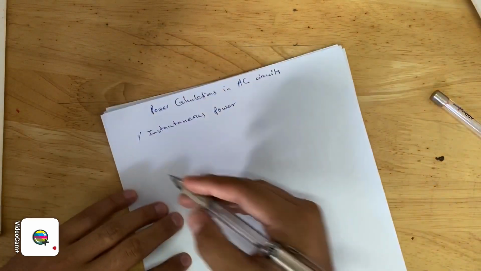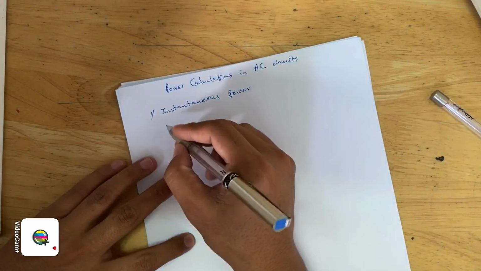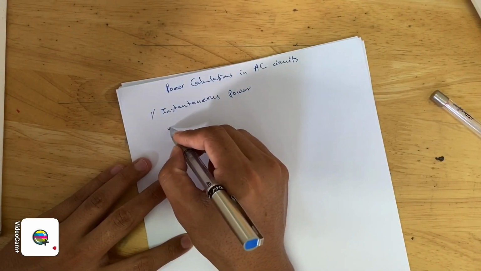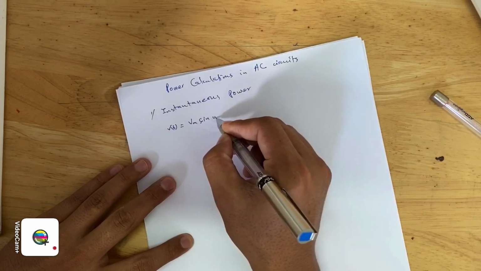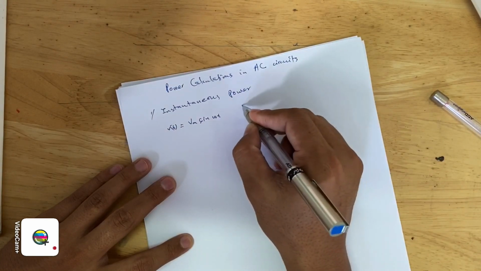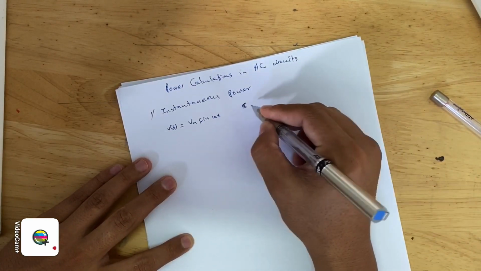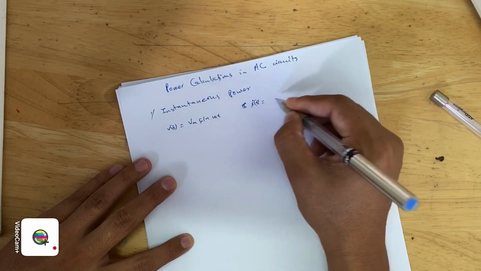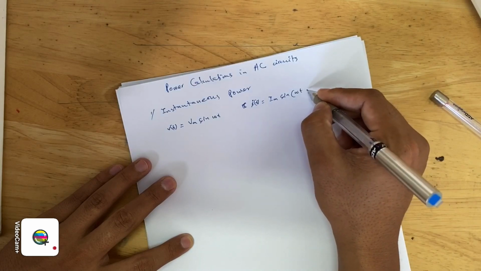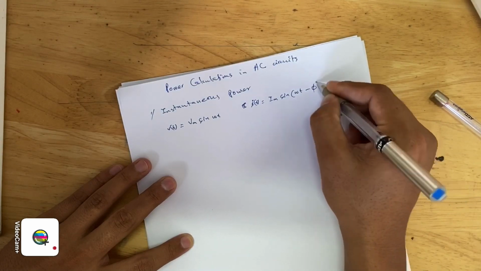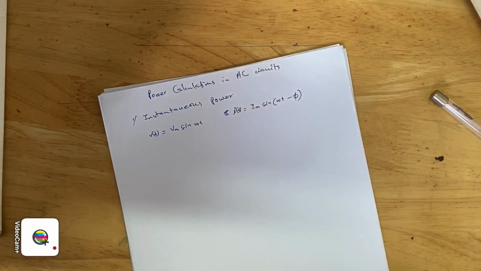Now let's say the instantaneous voltage v of t is given by Vm sine omega t, and the instantaneous current i of t is given by Im sine of omega t plus or minus some phase shift.